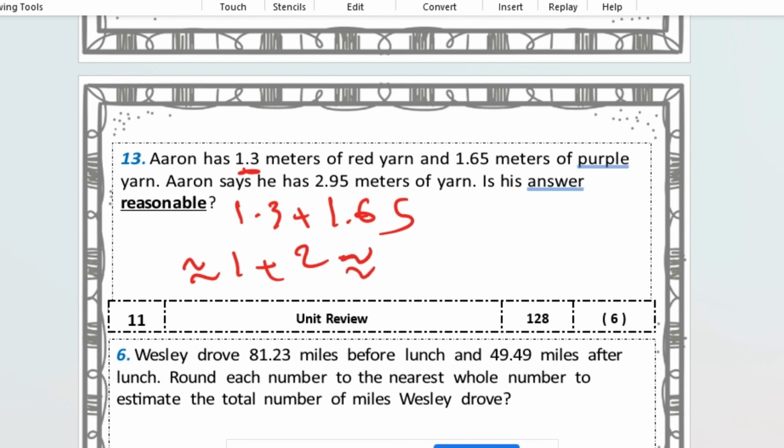This will equal 3, and 2.9 is very close to 3. So yes, it's reasonable. Let me just write it up top here. Yes, it's reasonable.